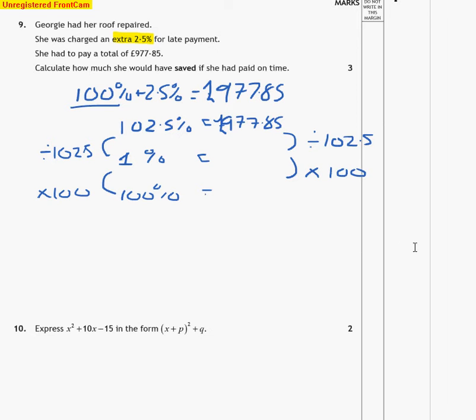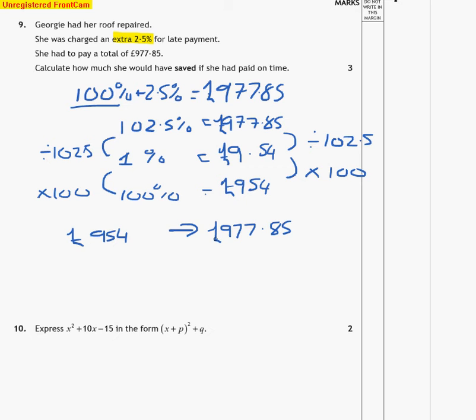So 977.85 divided by 102.5 gives me 9.54, and then times by 100, 954. Okay, so we've not quite finished the question yet. We've worked out what 100% is, but we need to work out the difference. We ended up paying 977.85, but she should have just paid 954.